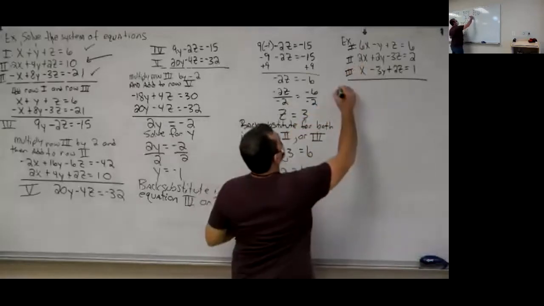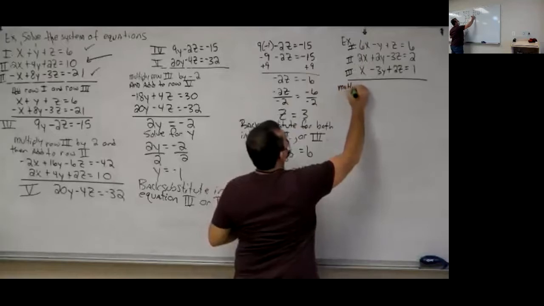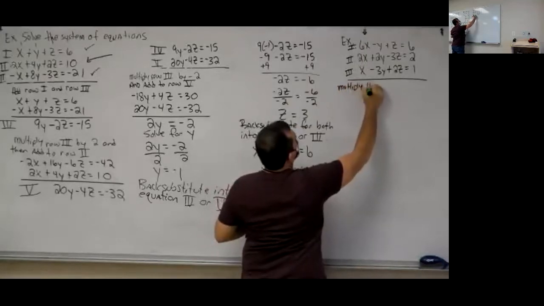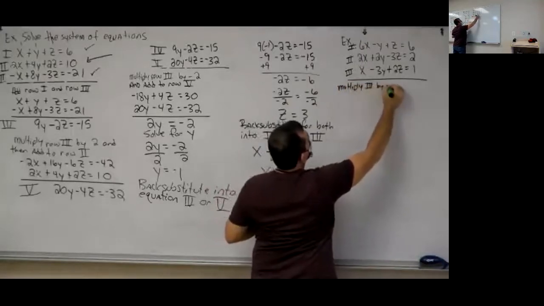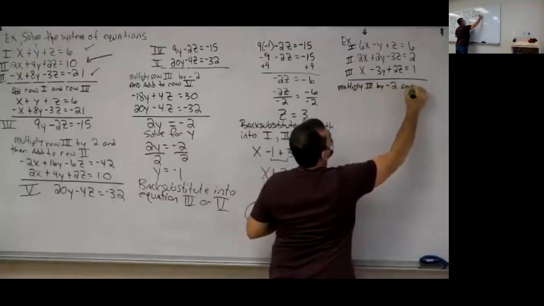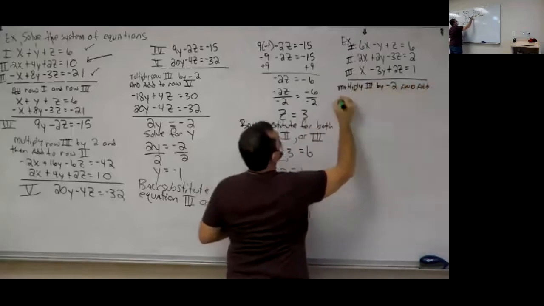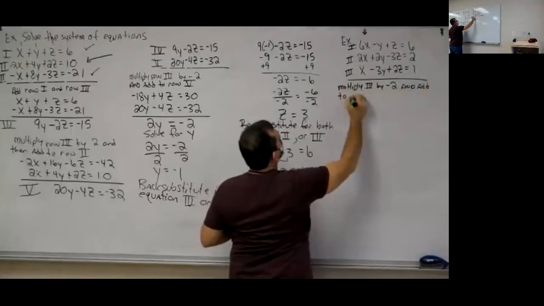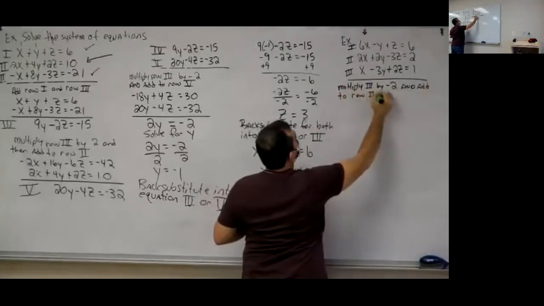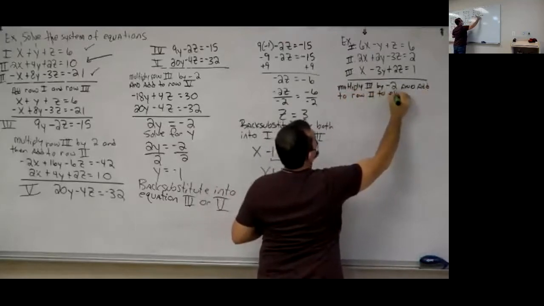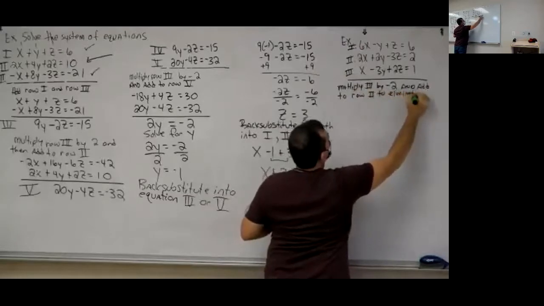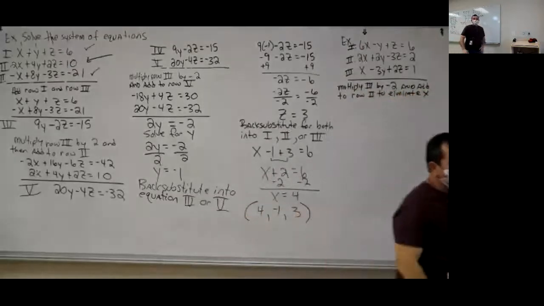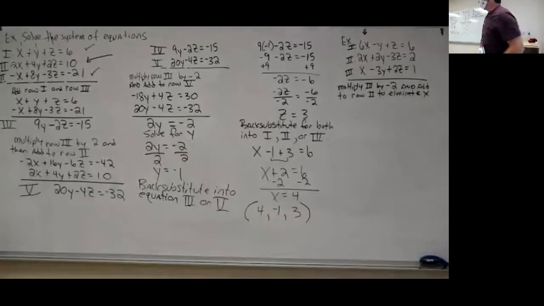So I'm going to multiply row 3 by negative 2 and add to row 2 to eliminate x.